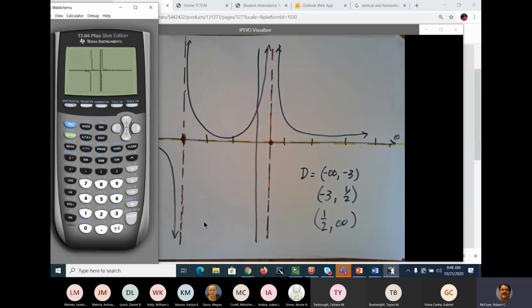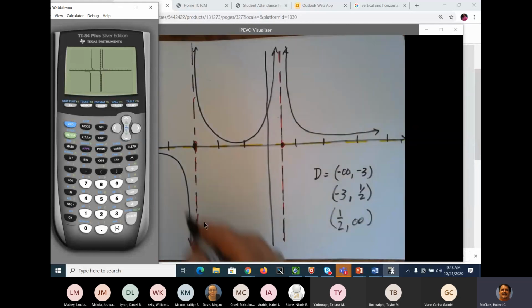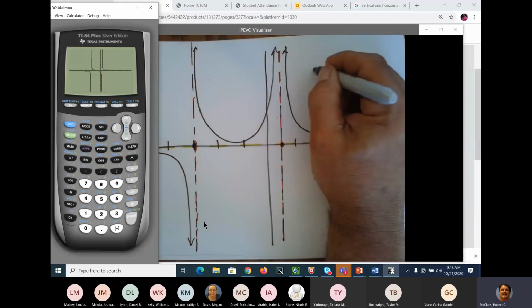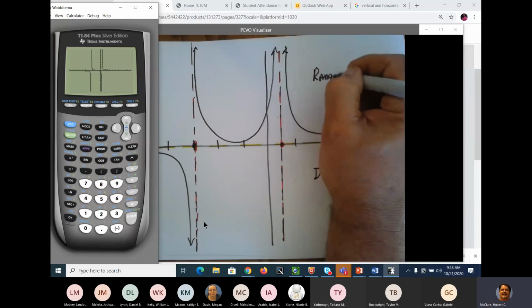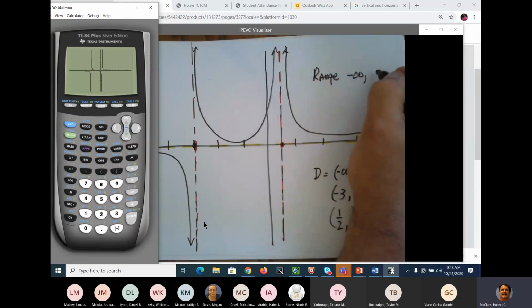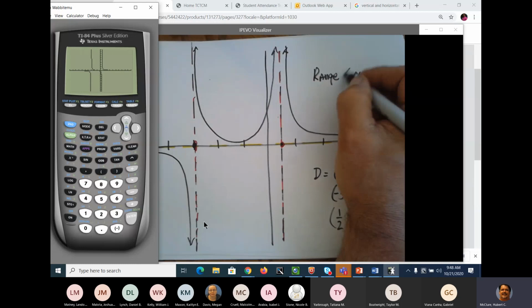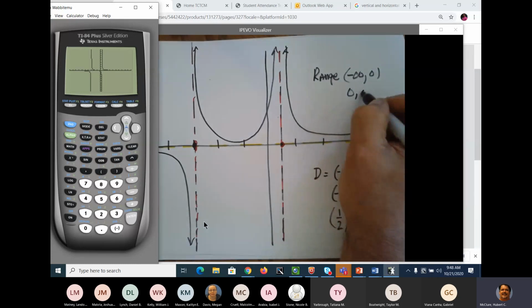That's the domain, and the range is going to be everywhere except for the yellow. So the range is going to be from negative infinity to 0, and from 0 to infinity.